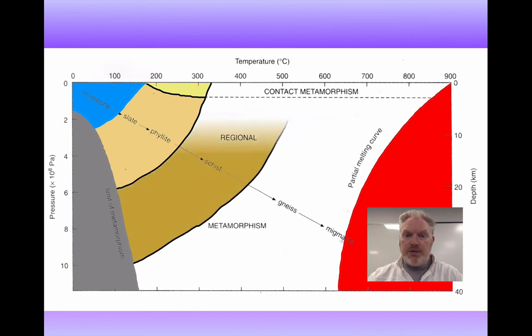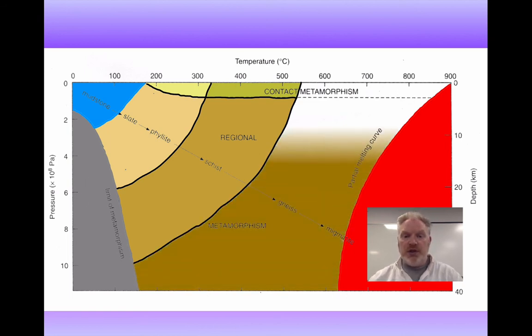At slightly higher temperatures and higher pressures, so we're going from about 325 up to about 550 degrees centigrade there, those are medium grade metamorphic rocks. And finally, at the higher pressures and higher temperatures, we've got our high grade metamorphic rocks.